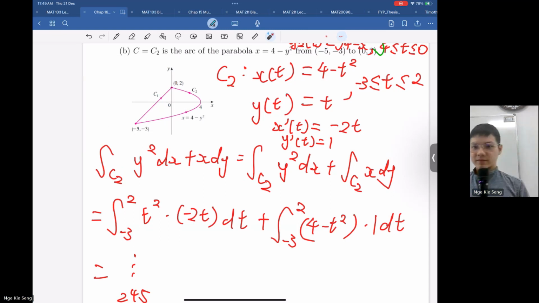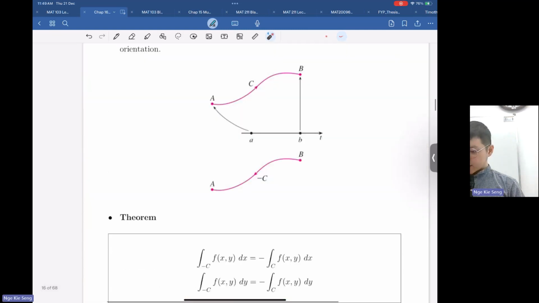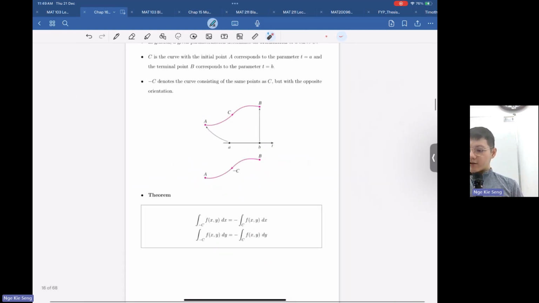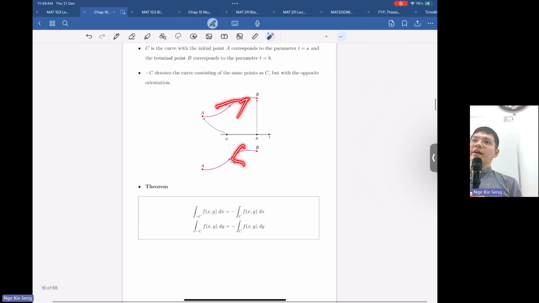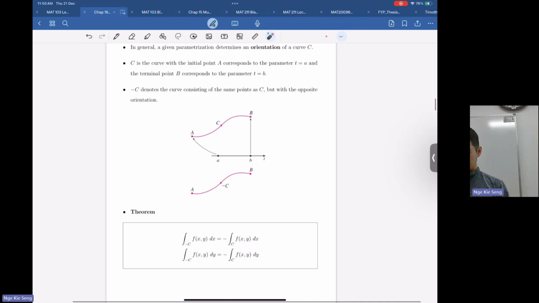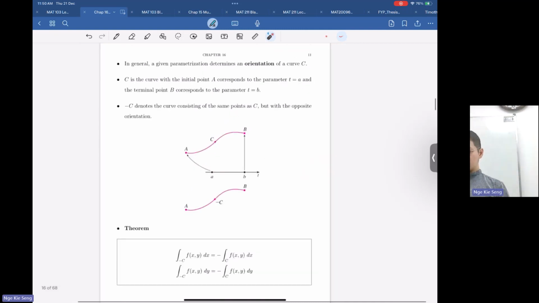Okay. Next is about this orientation. So what's the difference if I go forward in time and go backward in time, over the same curve? That should give you the negative of the other line integral. So this is like what you have learned in calculus 1, right?